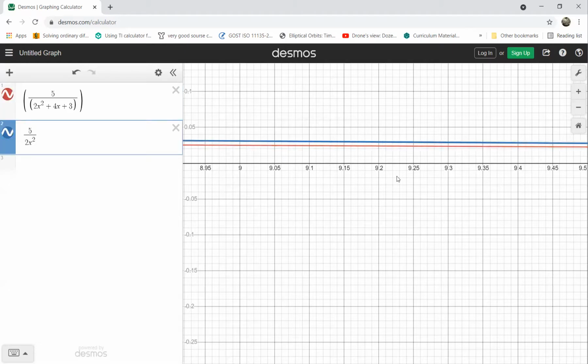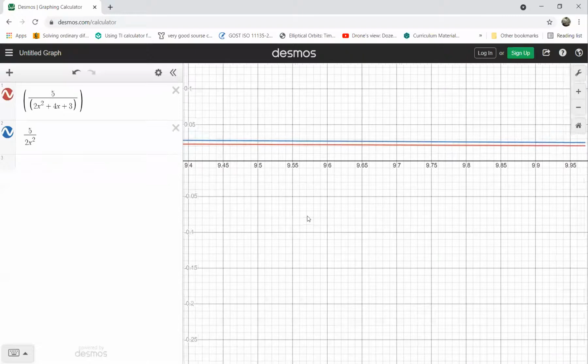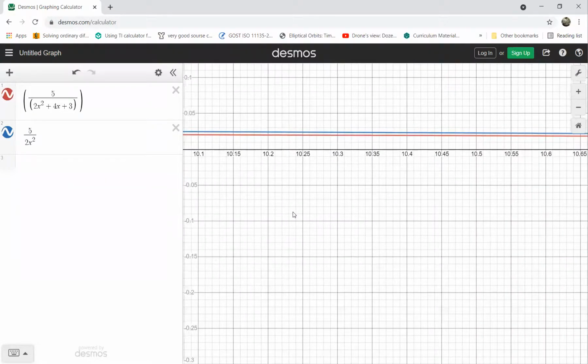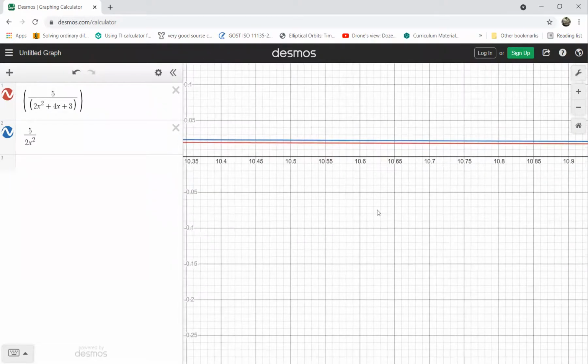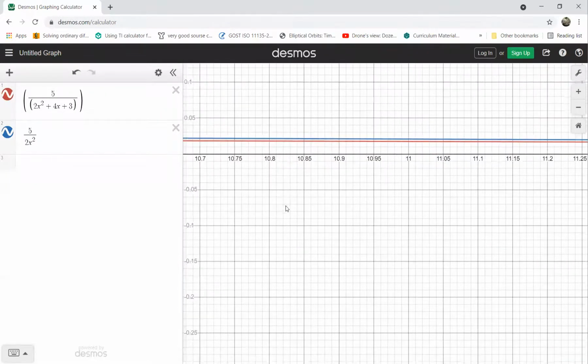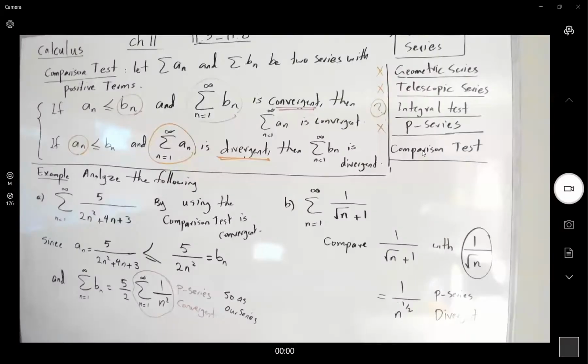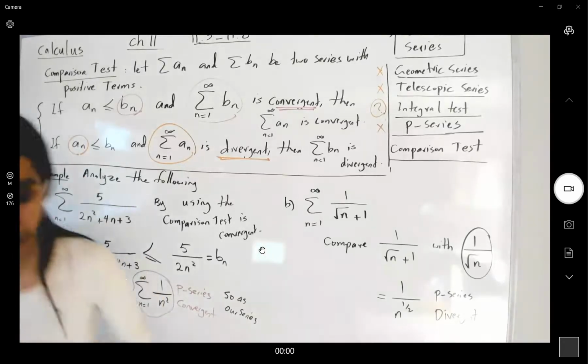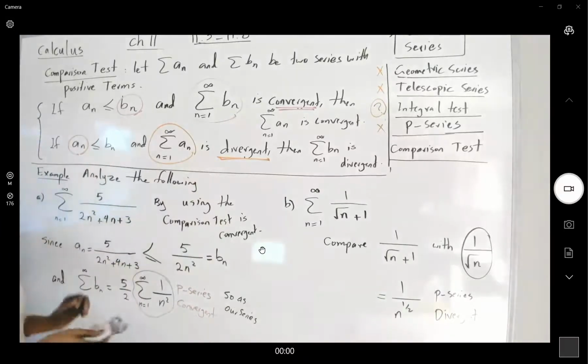So as bn converges, your an must be a convergent function. Very well. More tests. The limit comparison test is another version of comparison test, but it deals with limits.